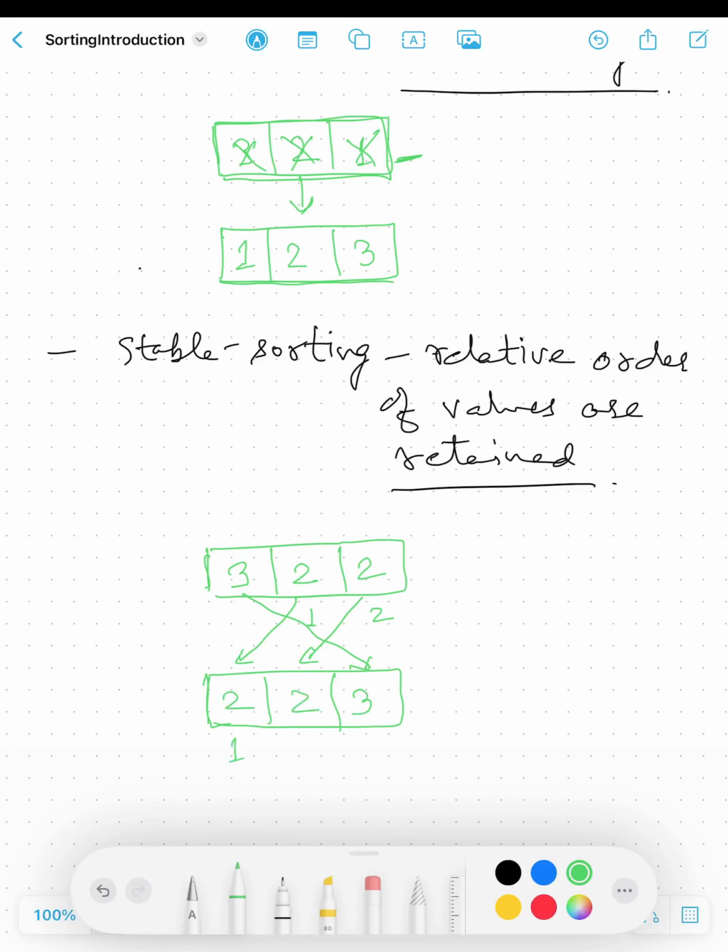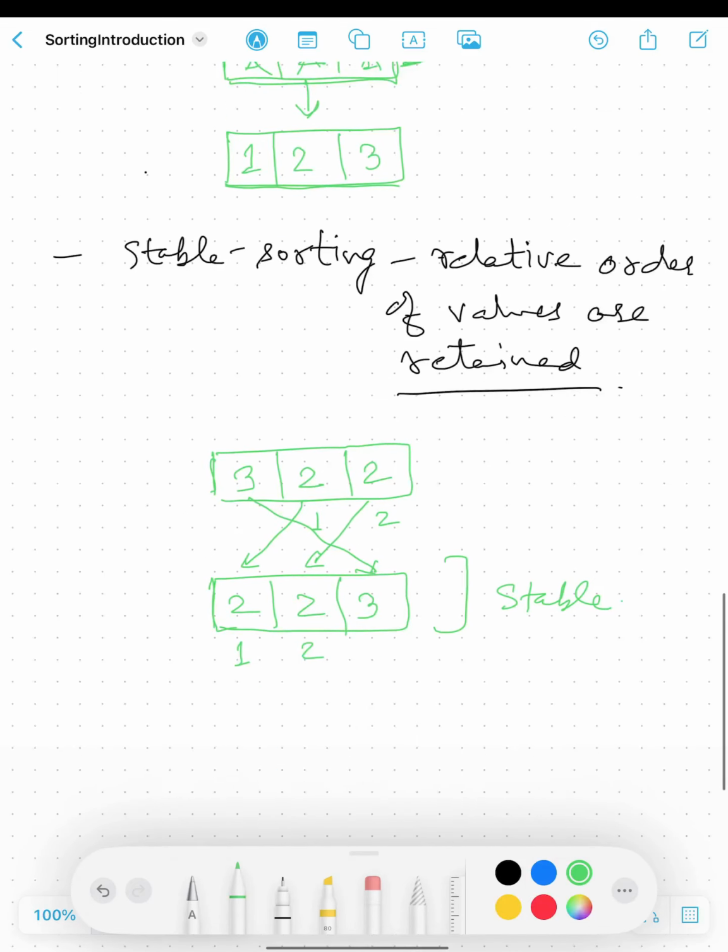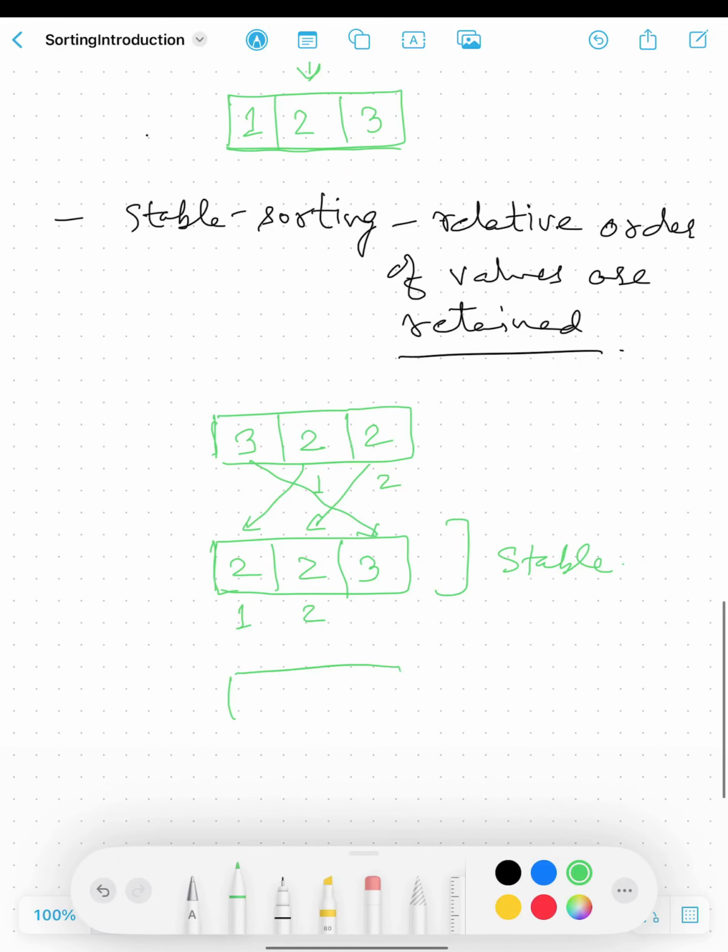So the first 2 is always before the second 2, and we are retaining the original order of same values, and this is called stable sorting. Now similarly, let's say we have an algorithm which sorts, but it does not retain the original order.